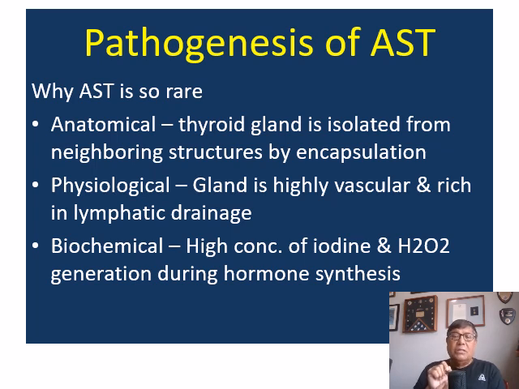Peroxidase is also another antibacterial substance. And so, because of the anatomical protection and the physiological as well as the biochemical features of the gland, it is so protected against infection from outside.